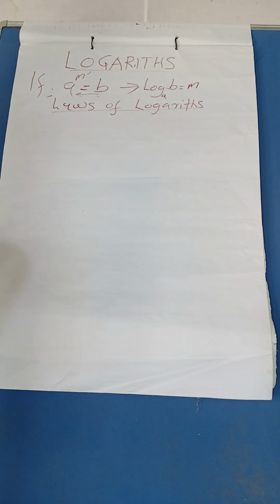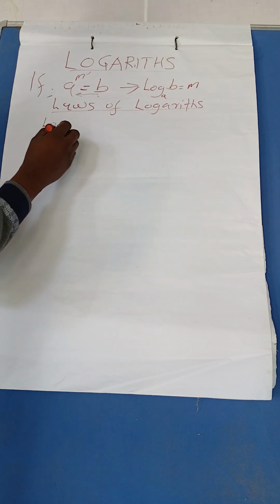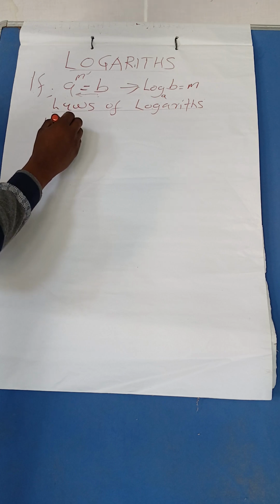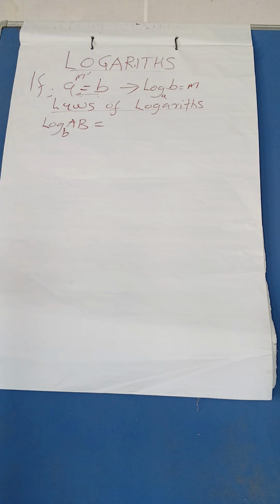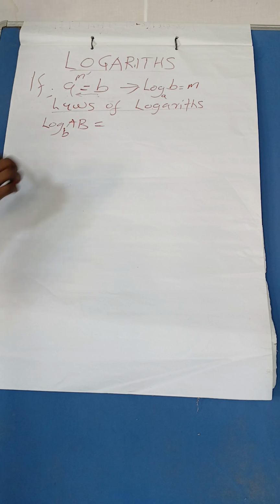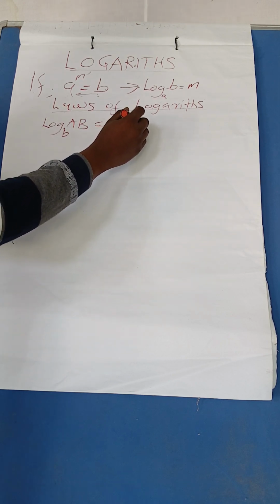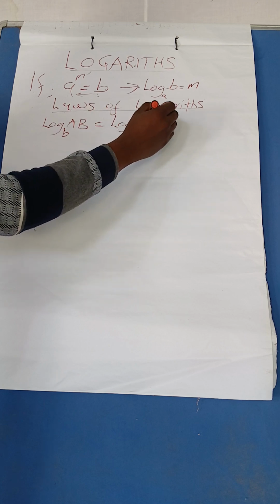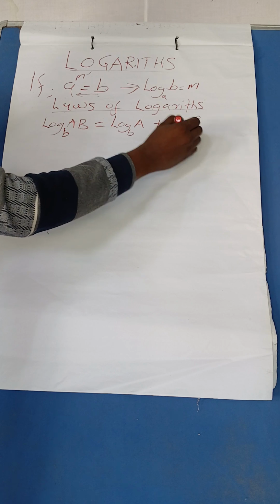Let's say we have log to base b of ab. This is multiplication. In logarithms, for multiplication, we add. So we split this as log a base b plus log b to base b.